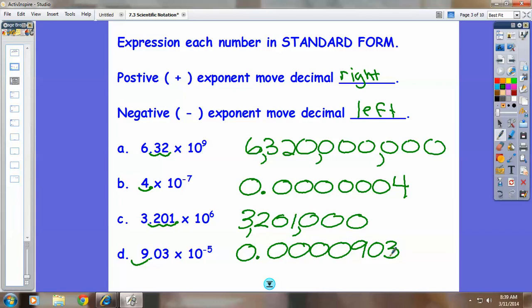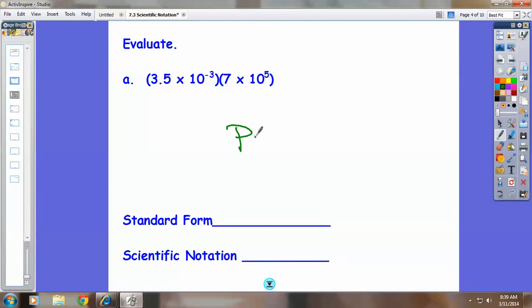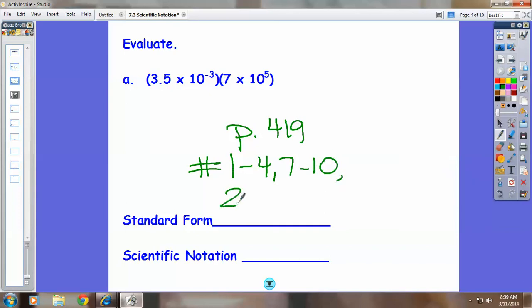I do have some problems I want you to try, and they're in your textbook. One through 4, 7 through 10, 20 through 25, and 28 to 35.